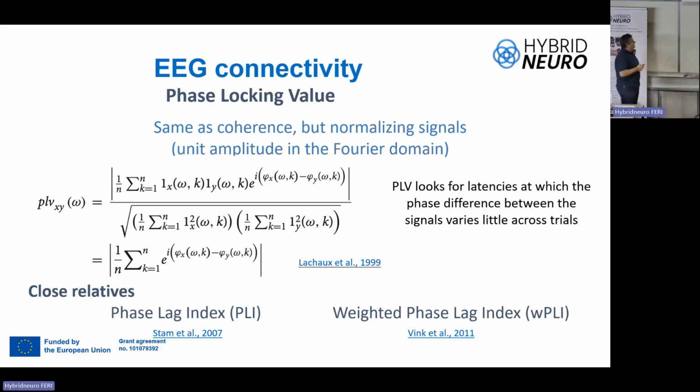Another measure, which Jean-Francois usually mentions, my colleague, is the phase lag index, or the weighted phase lag index. This is what I mentioned before. There are dozens of techniques.